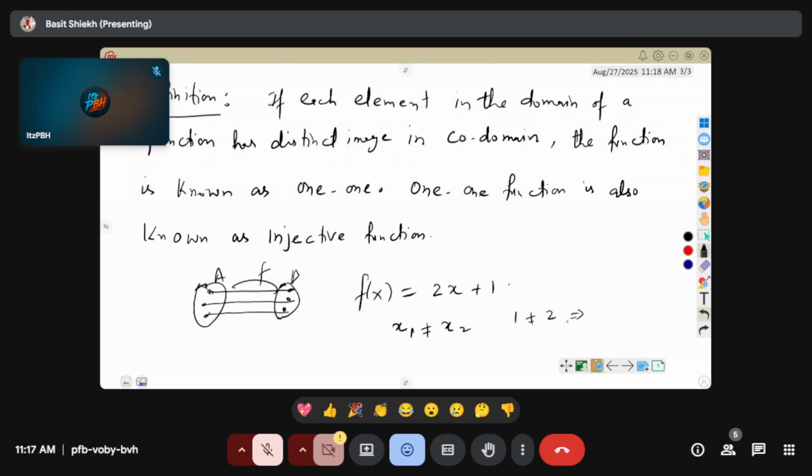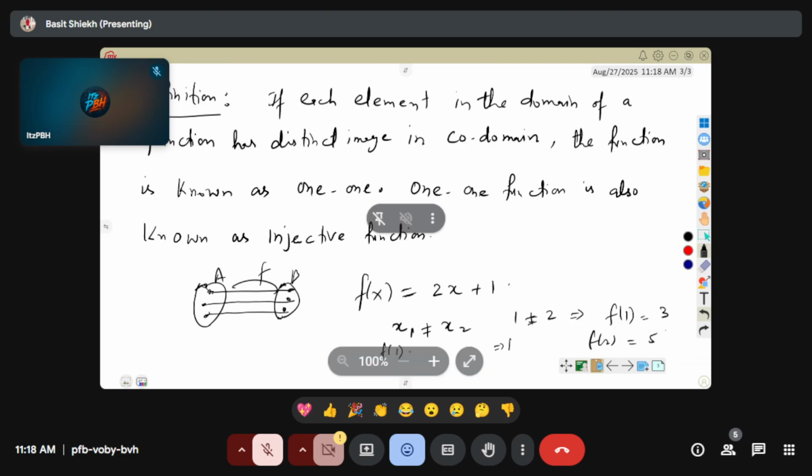This should imply f of x1 should not equal f of x2. f of 1 will be 3, f of 2 is 5. f of 1 is not equal to f of 2.